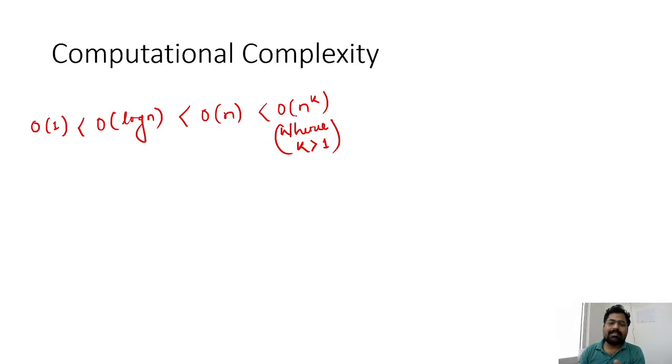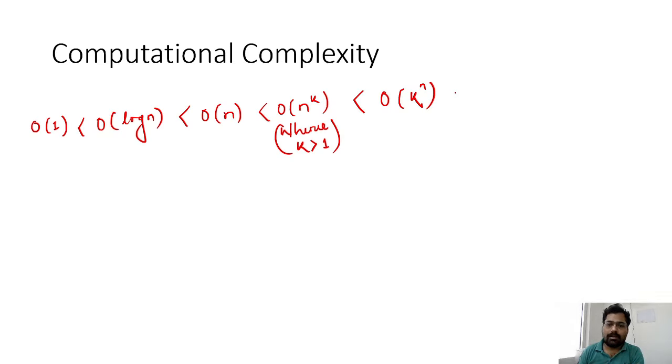It can be easy, like big O of n is equivalent to big O of n to the power k where k equals 1, so it will be similar, but I am writing it for the NP concept.